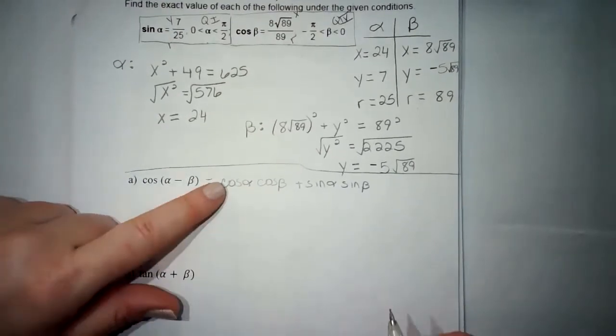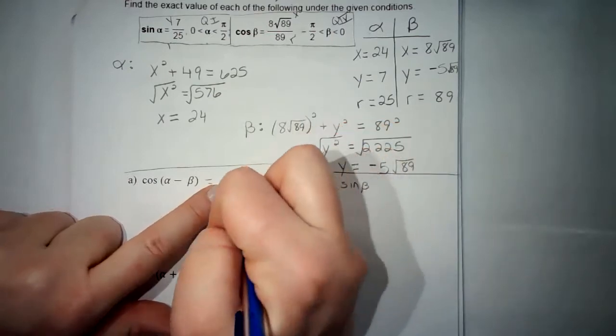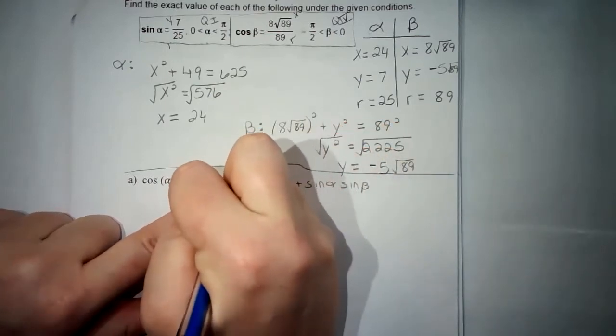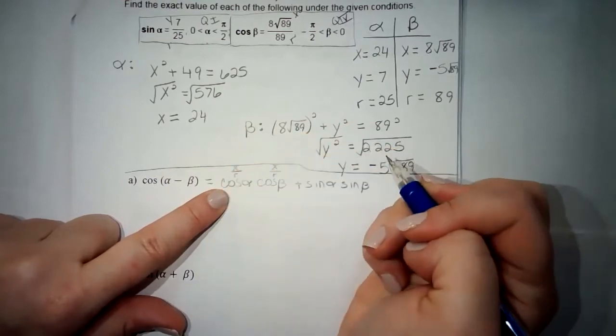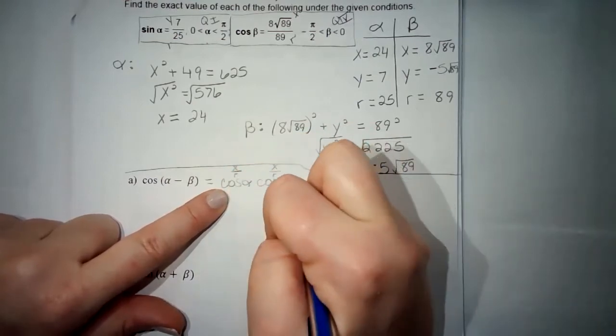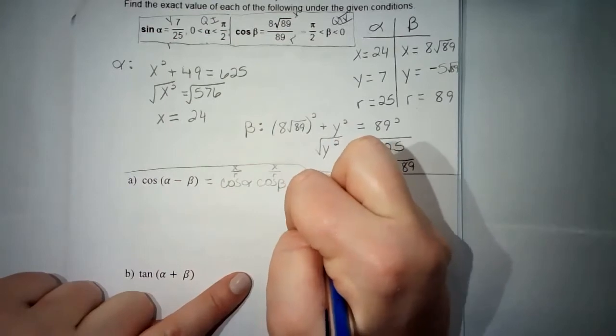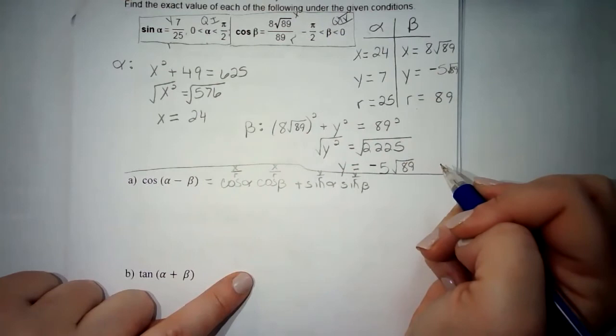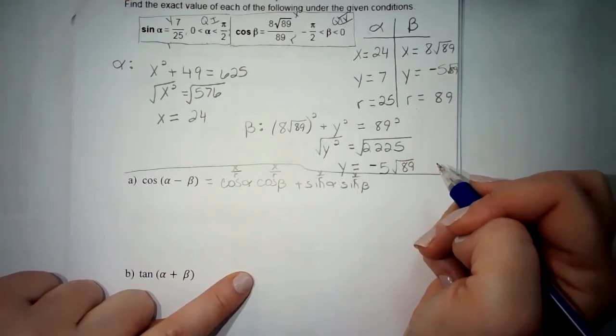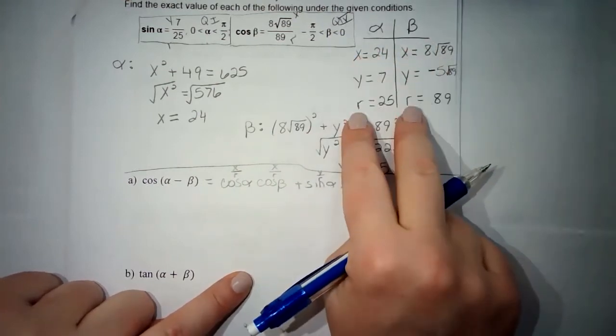Now let's think about what cosine means. This means I need x over r for alpha times x over r for beta. Then I'm plus y over r for alpha times y over r for beta. Right? That's what that really means. And I have all those right here.